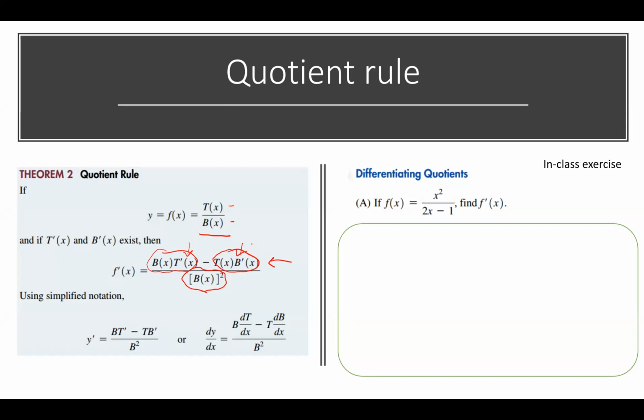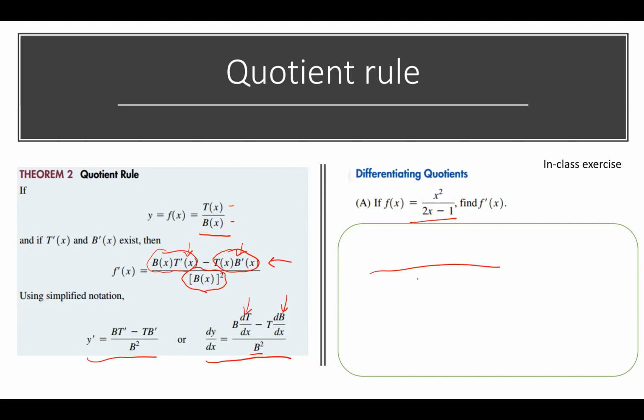We cannot take the derivative of b in the first place. So the sequence is very important. This is basically the formula, and we have the simplified notation here. Basically, this is the derivative of t first, then the derivative of function b. Then again, the denominator is the square of function b.